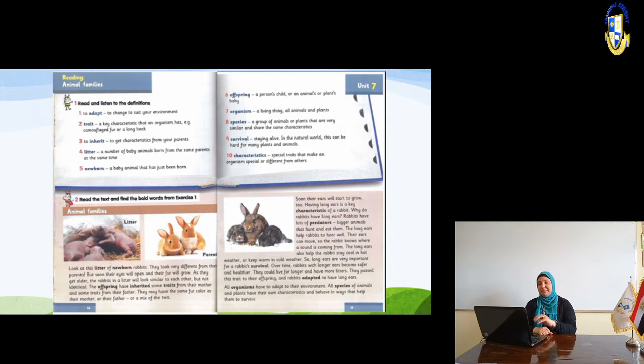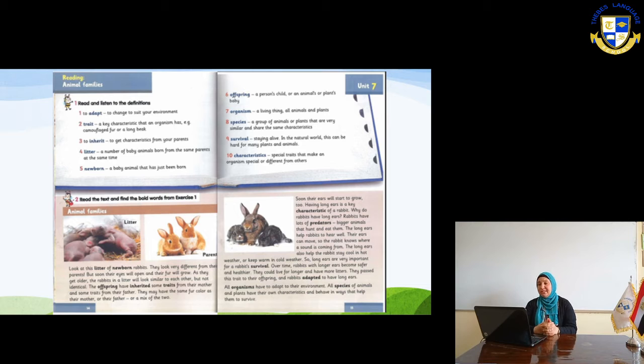Why do rabbits have long ears? Rabbits have lots of predators. Predators are animals that eat the rabbit, the bigger animals that hunt and eat the small animals.